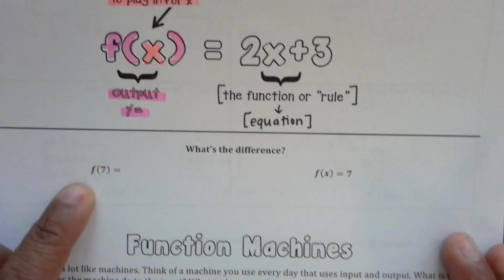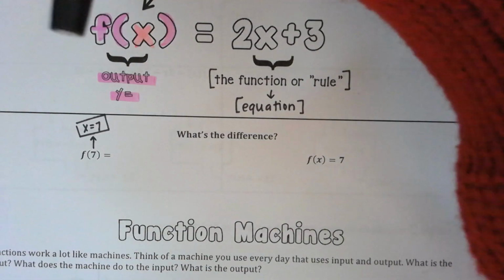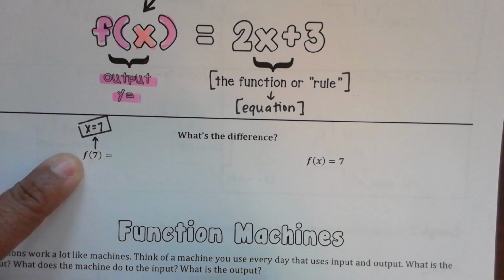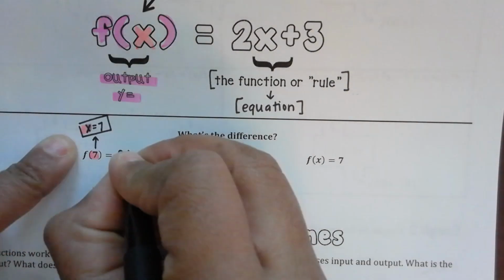You're okay. So it says, what's the difference? This right here is telling me when x is equal to 7. So I take 7 and I plug it into that function. So the 2 remains the same.